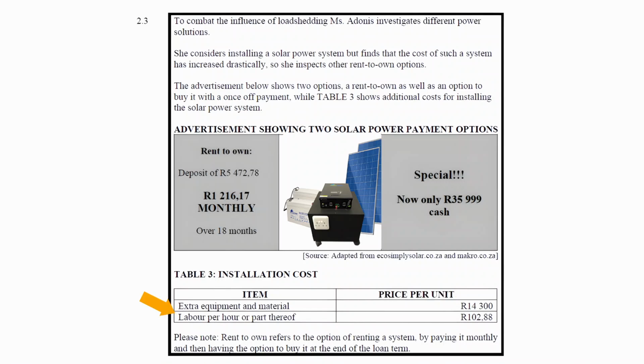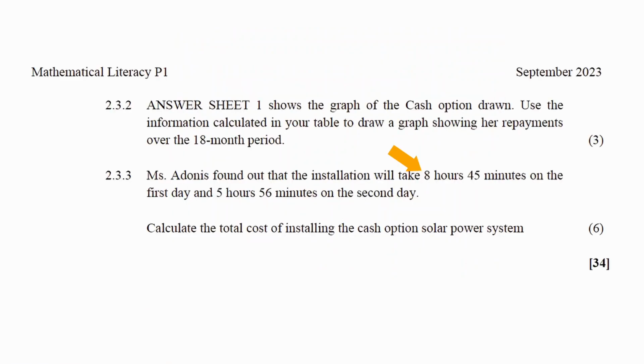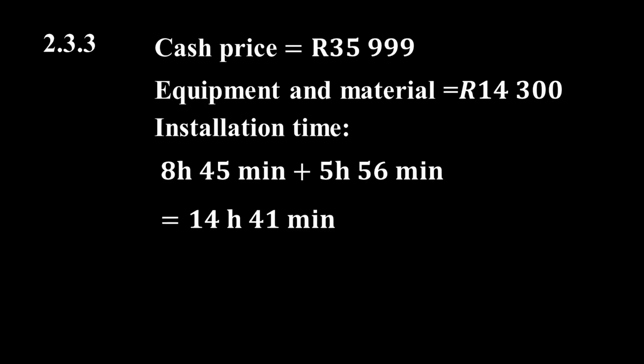The total cost of the labor needs to be calculated because only the labor cost per hour is given. We were told that the installation took 8 hours and 45 minutes on the first day and 5 hours and 56 minutes on the second day. This gives us a total time of 14 hours and 41 minutes.